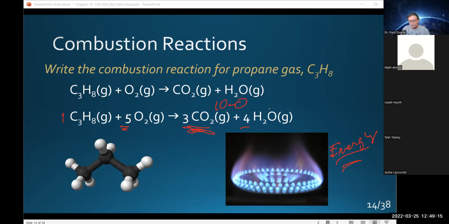We counted 10 oxygens total on the product side. Well, we simply put a 5 there and we're good to go. If you ended up with 20, all right, no big deal. I'll put a 10 here and good to go, all right? Occasionally you end up with an odd number of oxygens. And then you have to take one more step. And I'm going to do an example of that.